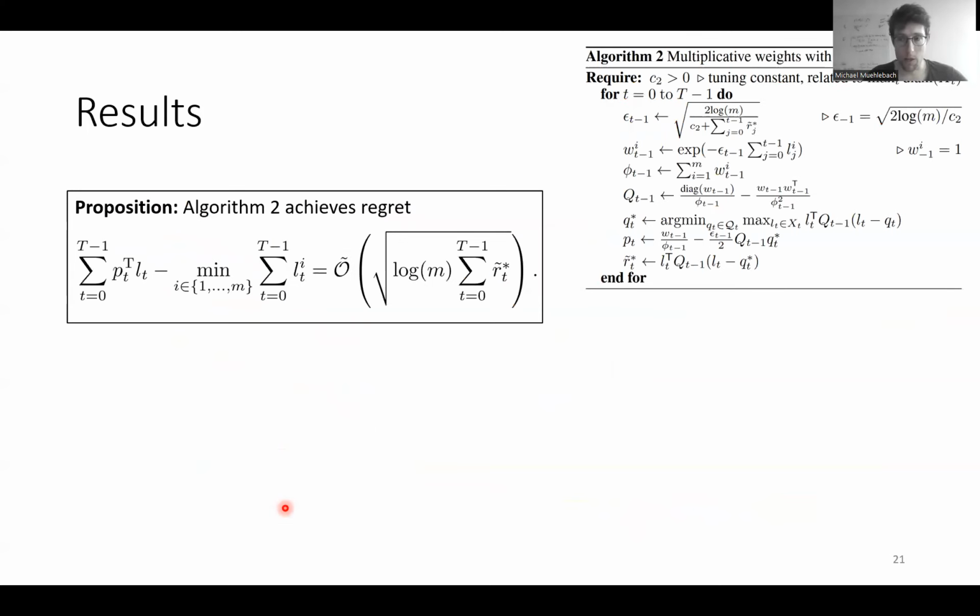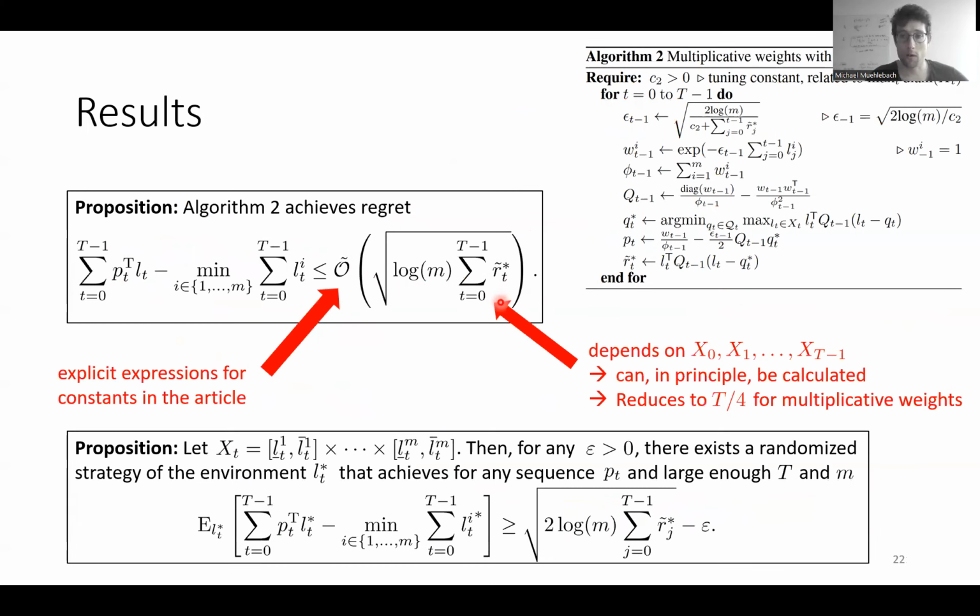And the result that we obtain is the following. We characterize regret for this algorithm, but the special thing here is that the regret we get depends on the sequence of sets. If you give me a sequence of sets, an iterative way of determining these sets, then I can in principle calculate what this quantity will be, and I can give you a bound on the regret.